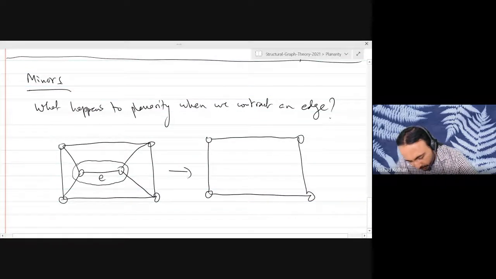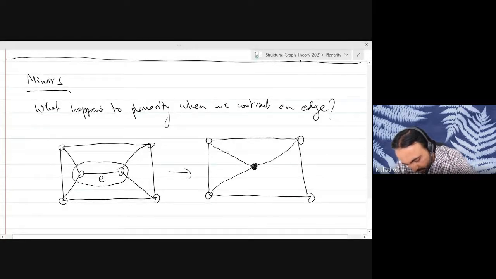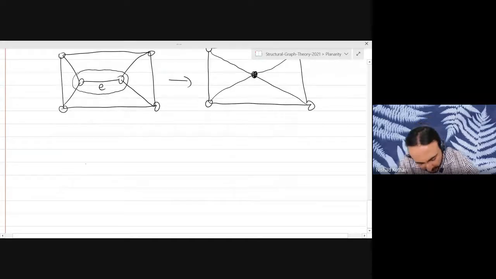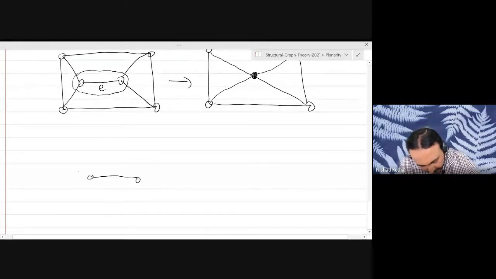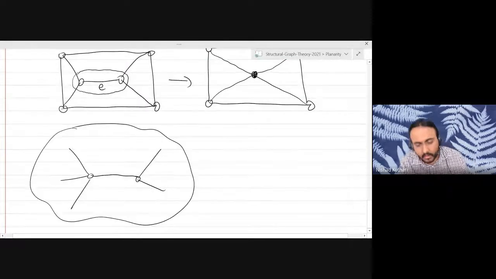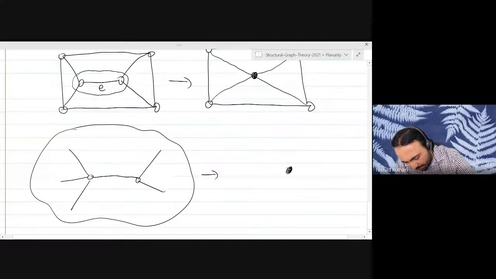All those edges will come here. More generally, if you contract an edge and you have some planar drawing, it still gives you a planar drawing. You just squeeze it into a single vertex, and all those arcs now go all the way to that vertex.